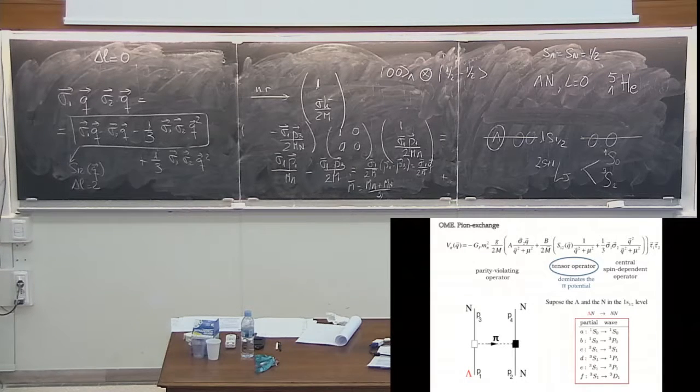So these two transitions are driven by a central potential. The ones that change in parity, which will be this one here, go from L equal to 0 to L equal to 1, and will be driven by this operator here, which is parity violating and has 1 unit.